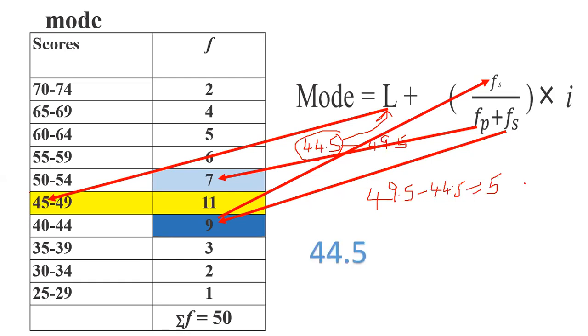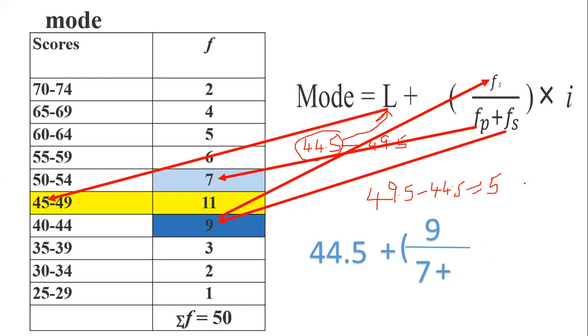So we are going to take 44.5 plus, open bracket, 9 on the numerator all over 7 plus 9, close the bracket, then multiply by our class interval, which is 5. So you see, we have done the substitution.